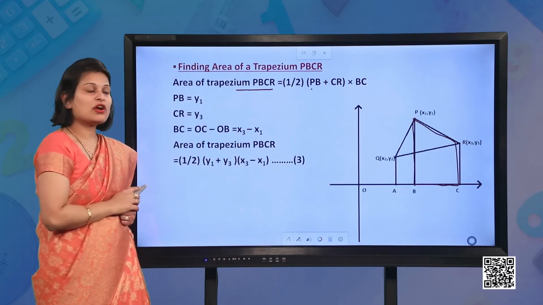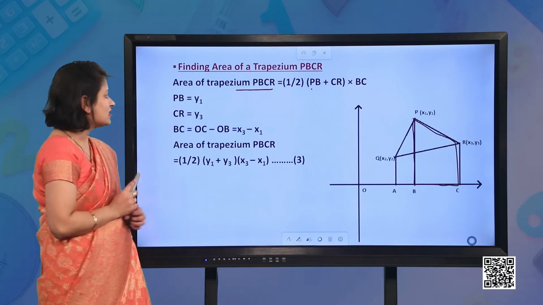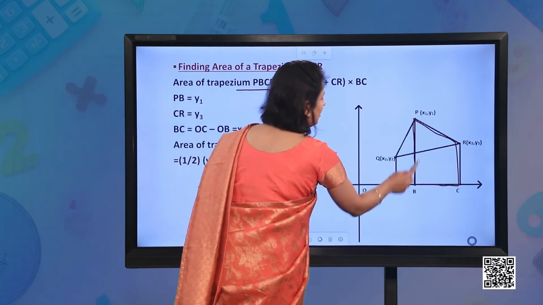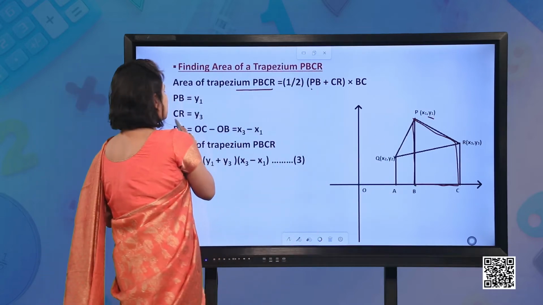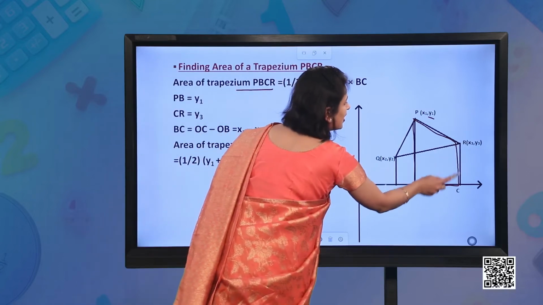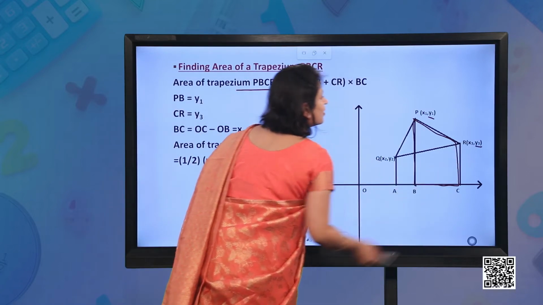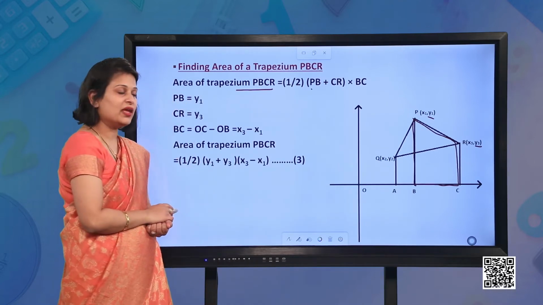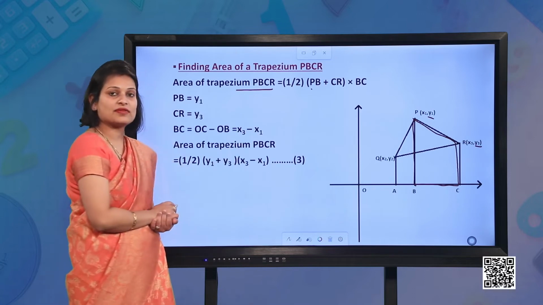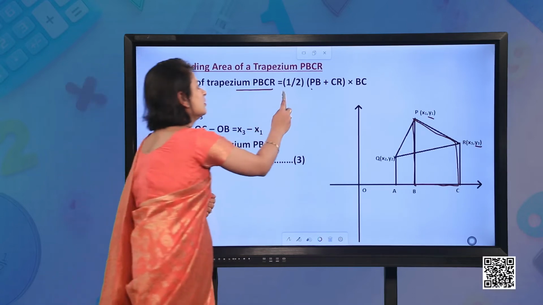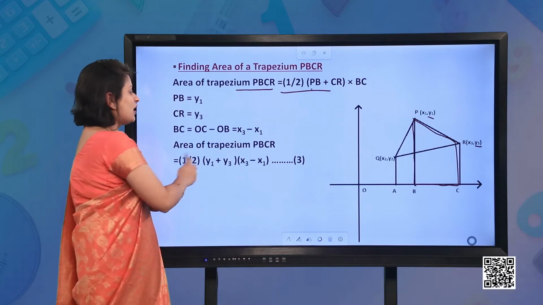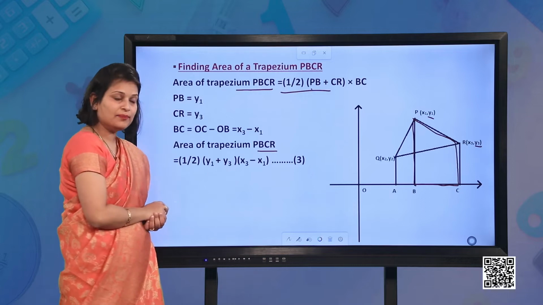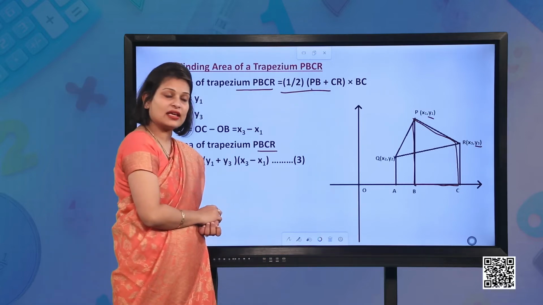Now, substitute the values of PB, CR and BC. You have PB as Y1, CR, or you can say RC, as Y3. And BC is OC minus OB, which gives X3 minus X1. Simply substitute these values here. You will get the area of trapezium PBCR as half into Y1 plus Y3 into X3 minus X1.